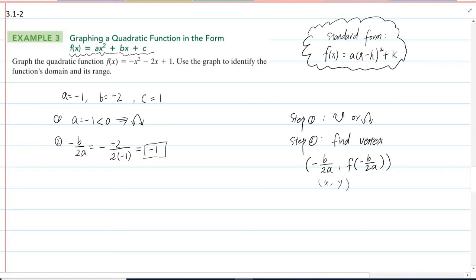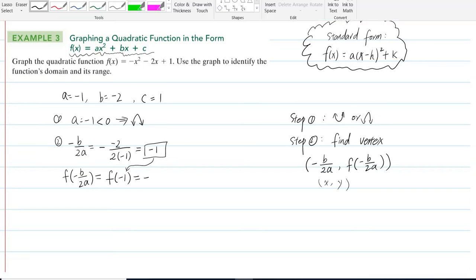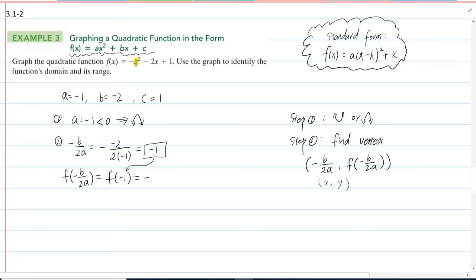Once we find this, we also need to find f of -b over 2a, so that will be f of -1. We plug this -1 into the function, so all you're doing is evaluating this function. This is our x right there, and you replace every single x with -1.